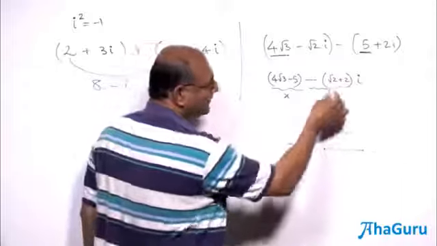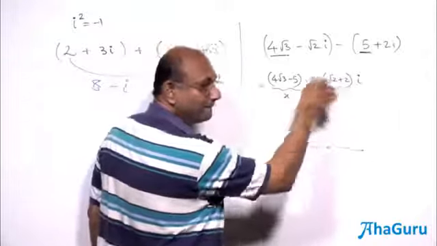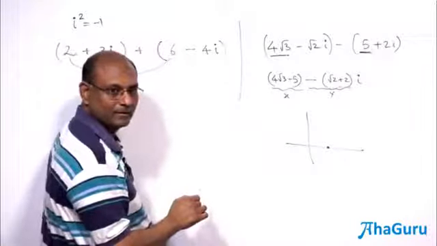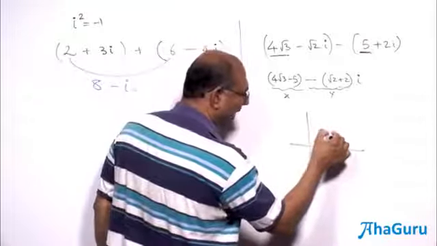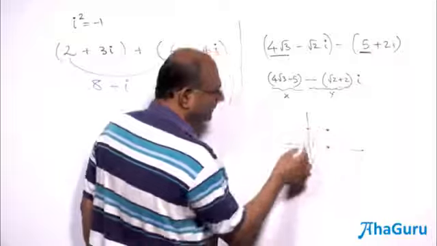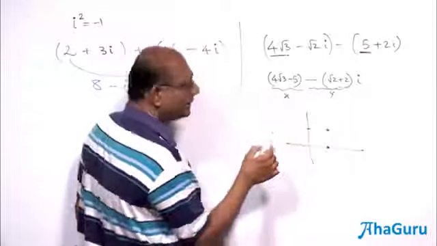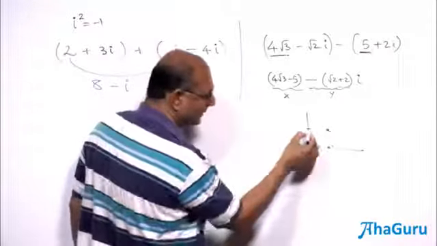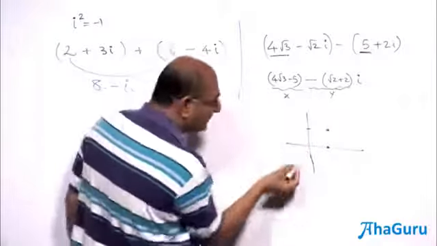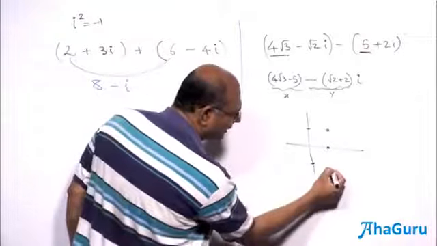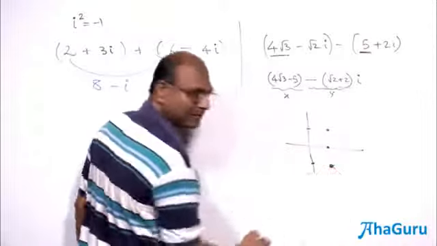And then this number is 1.414 plus 2, about 3.4. So it will be somewhere there. Do you think it's going to be up? It has a minus sign. So where is it going to be? 3.414, but it's a minus 3.414. So the number is going to be here.